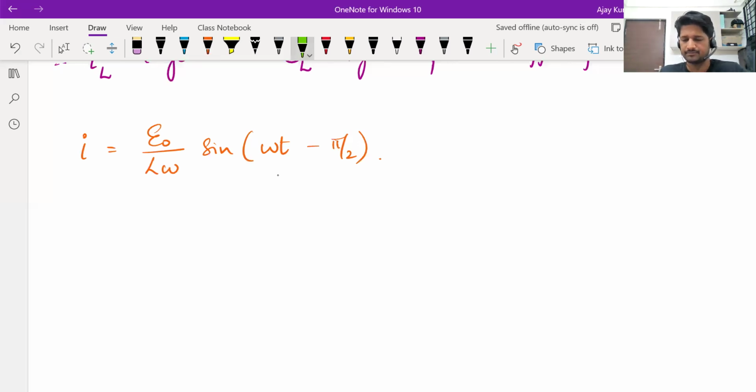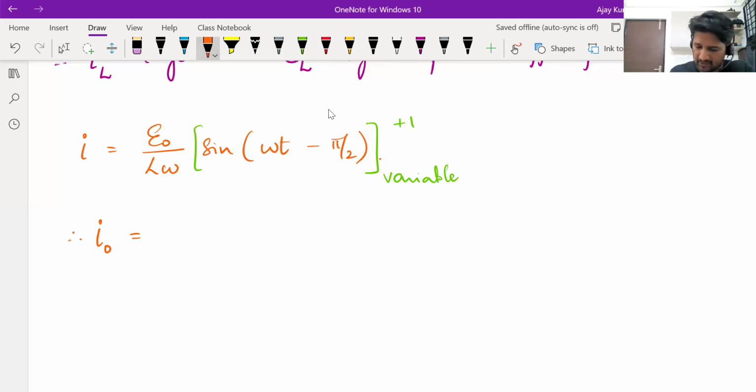Maximum current: E naught by L omega. This is the variable part in this equation, and the maximum value of this variable part is +1. When this becomes +1, current becomes E naught by L omega. That means the peak current through the inductor is E naught by L omega.